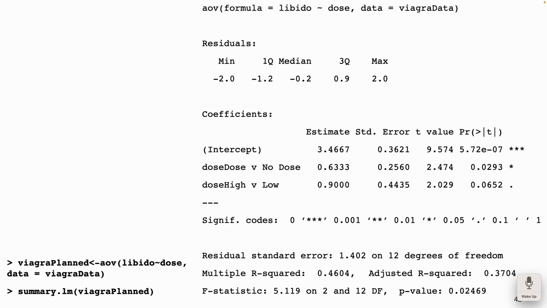Look at this. Okay. So previously we had, this is going to look a bit weird, it doesn't really do this, but we have placebo, low, and high.